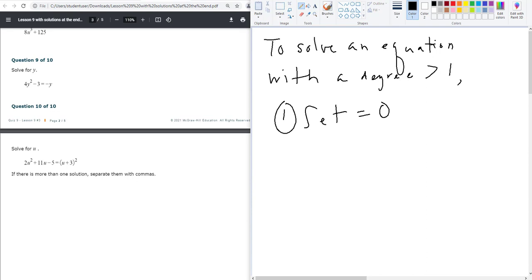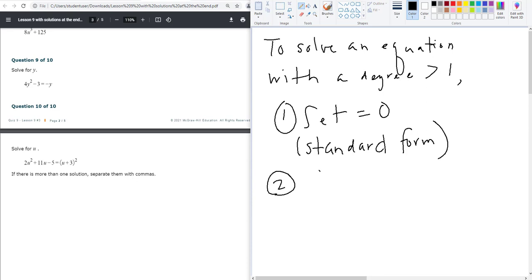Also, make sure it's in standard form, okay? So I'll make a little note. Standard form. Standard form, everything lines up, and you've got the highest exponent, then the next highest exponent, and then all the way down to you have a number with no visible exponent.